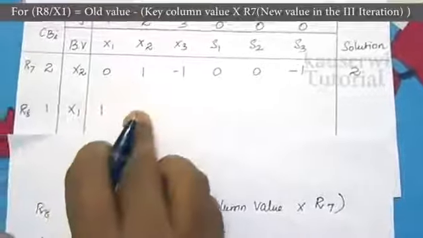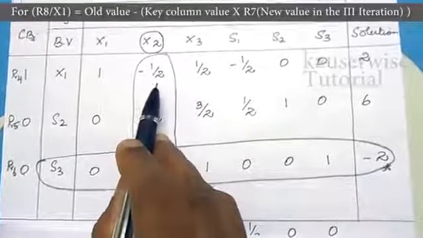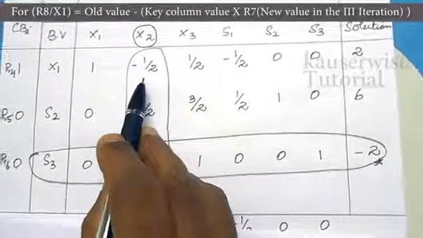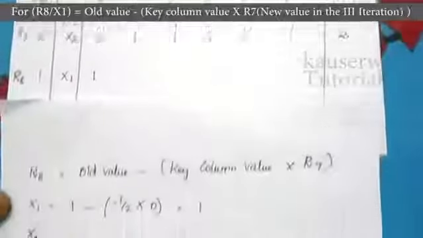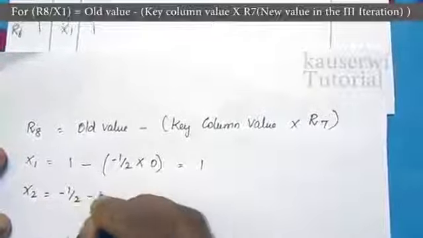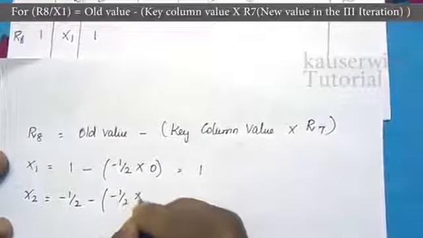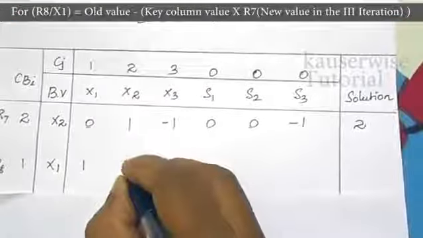For x2, the old value is minus 1 by 2, minus key column value, again the same value, minus 1 by 2, into new value is 1. For x2, old value is minus 1 by 2, minus key column value is minus 1 by 2, into new value is 1. The answer is 0.